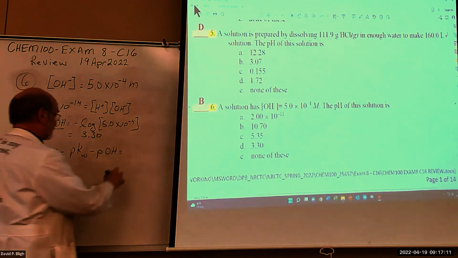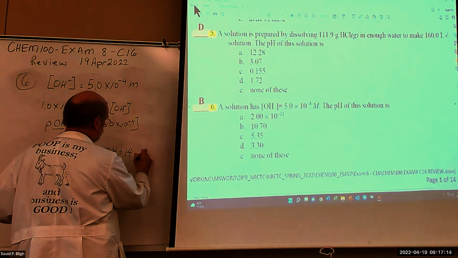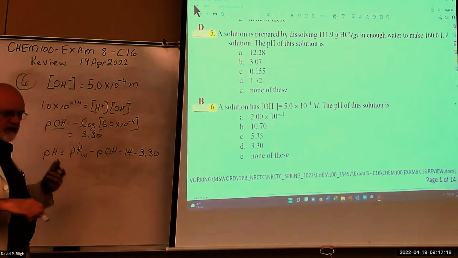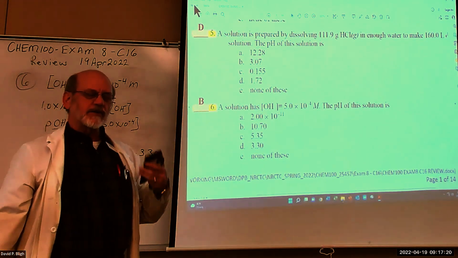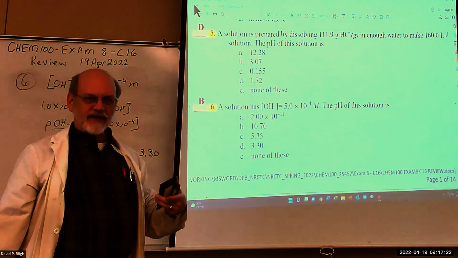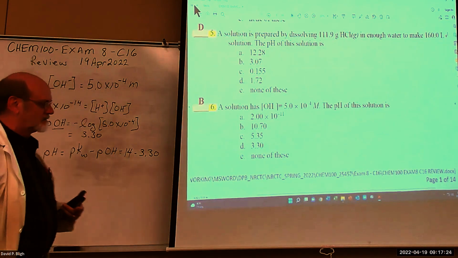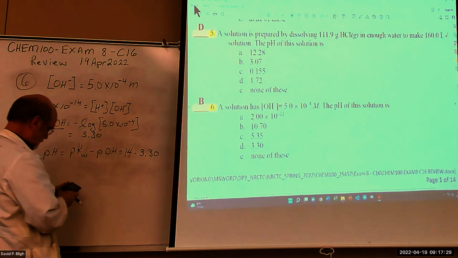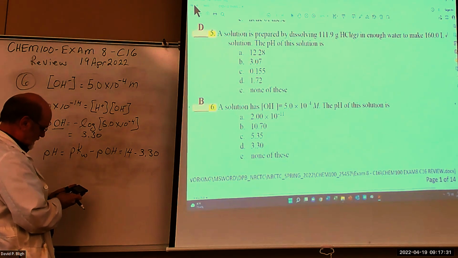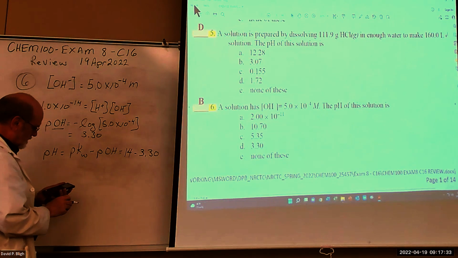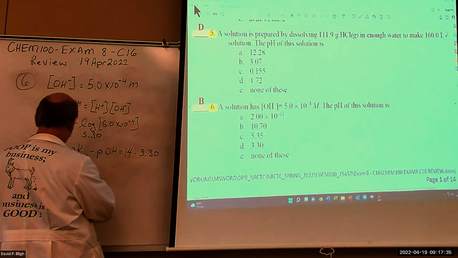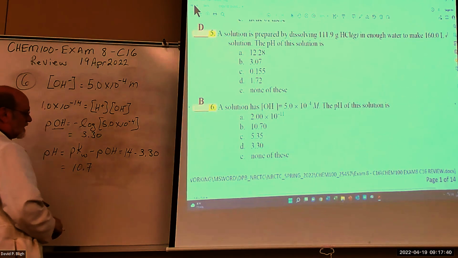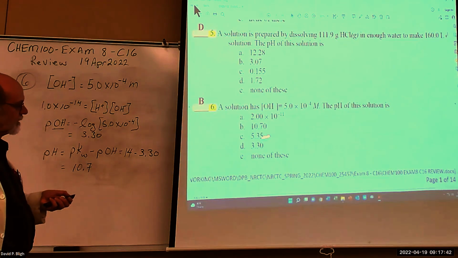That was a dumb mistake. 14 minus 3.30, because we're in logs now. Logs convert multiply, divide into add, subtract. So 14 minus 3.3, that's 10.7. So pH equals 10.7. There it is.